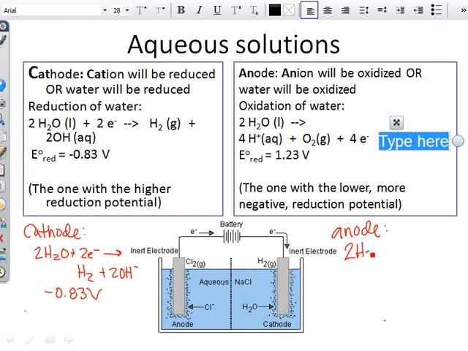So it's going to be 2 H2O goes to 4 H plus, O2, plus 4 electrons. Now, at the anode, what should we be making? H plus, that's not a gas, and oxygen gas. According to the picture, what are they making at the anode? Chlorine gas. Okay, so this picture, and I'll explain why in a second, is not correctly reflecting what would happen. We would make oxygen gas.